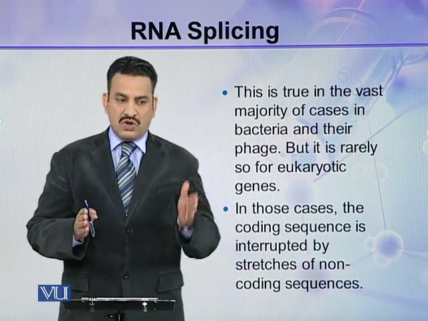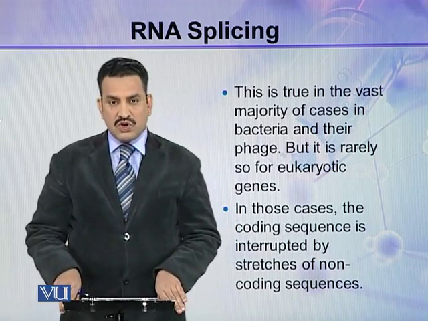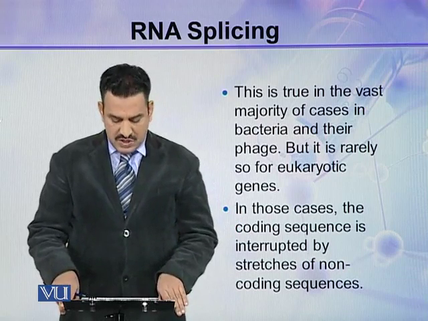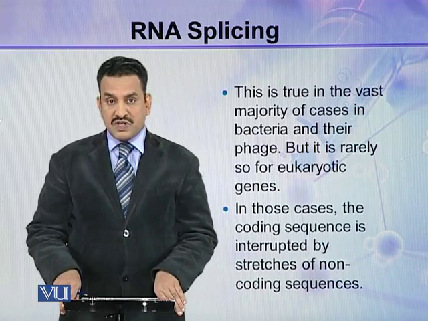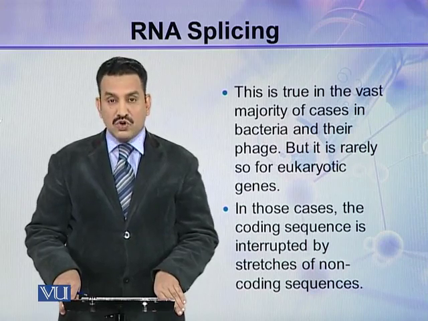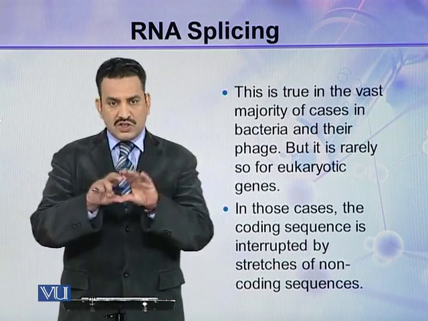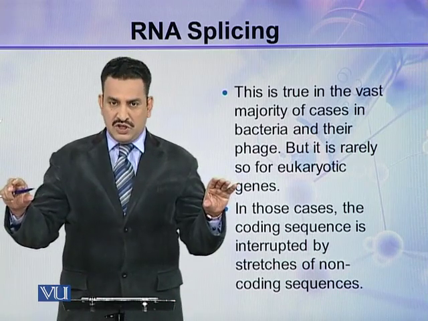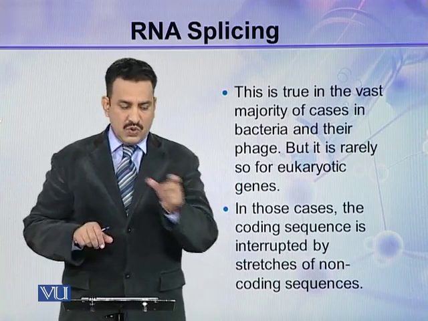That is, all the codons are adjacent to each other. But in eukaryotes, it is different. In those cases, the coding sequence is interrupted by stretches of non-coding sequences. So the full sequence of the gene is interrupted by some non-coding sequences.